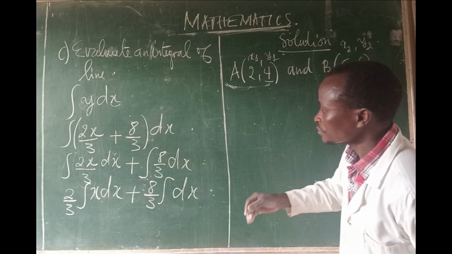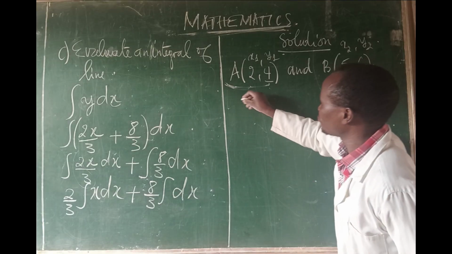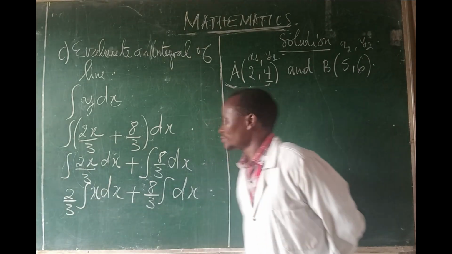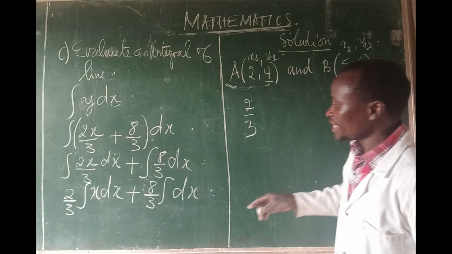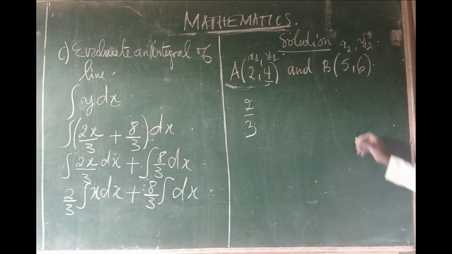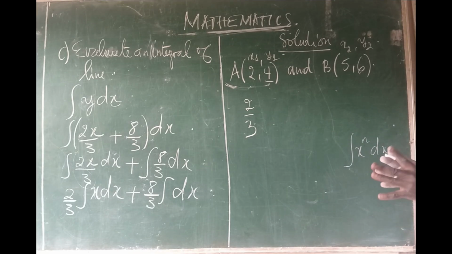Now, here we have 2 over 3. I'm just going to integrate this, the integral of this, as I told you last time. If you have the integral of x to the power n dx, this is the general formula we have to apply on this equation. When we are integrating, here we have n. Are you together?